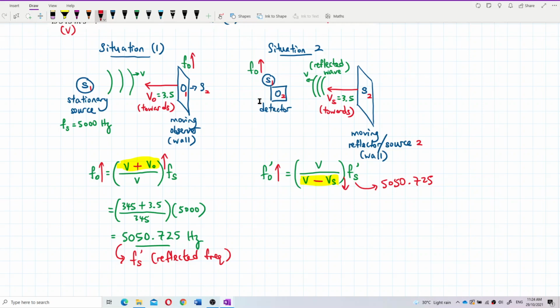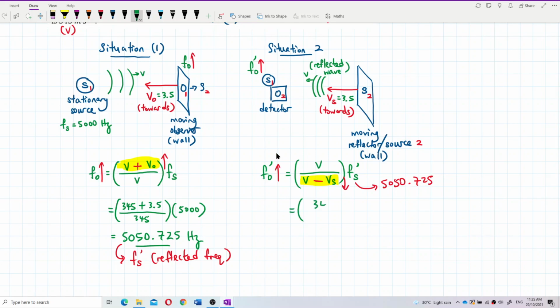Minus. We minus the VS, so the denominator becomes smaller, and dividing by a smaller denominator makes the observed frequency increase. This is the FO prime. Okay, let's continue.